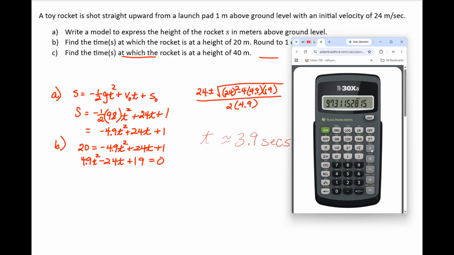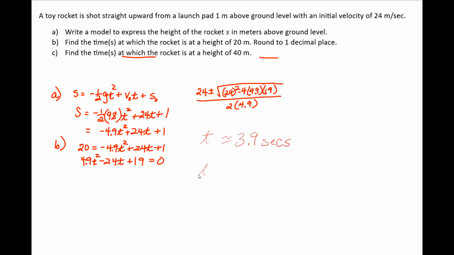So divided by, and I know it's 9.8, so I'm just going to go ahead and hit 9.8 instead of having to do that 2 times 4.9 again. And then I'm going to hit equals, and this gives me about 1 second. I'll just go ahead and put 0.99 seconds. So those are the 2 times at which this rocket is 20 meters above the ground.